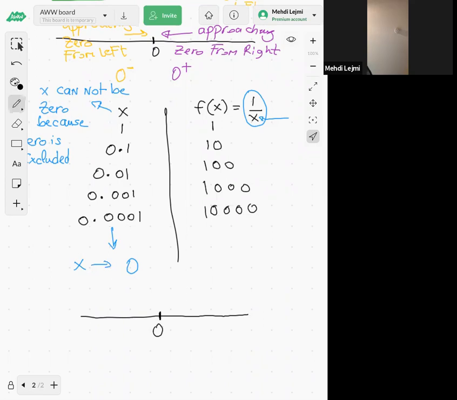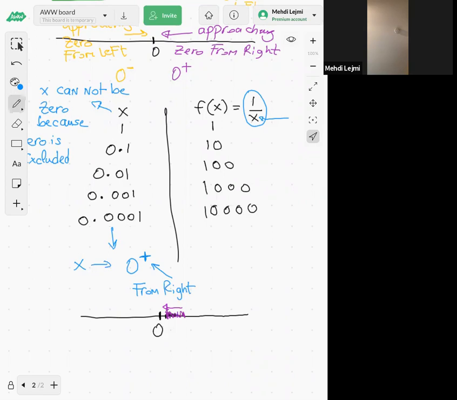These values are positive: 0.1, 0.01, they're all positive. So we are on the positive side, getting close to 0, but positive. So we are approaching 0 from the right. So this is a plus. My x is approaching 0 from the right. Again, this plus here means approaching 0 from the right.